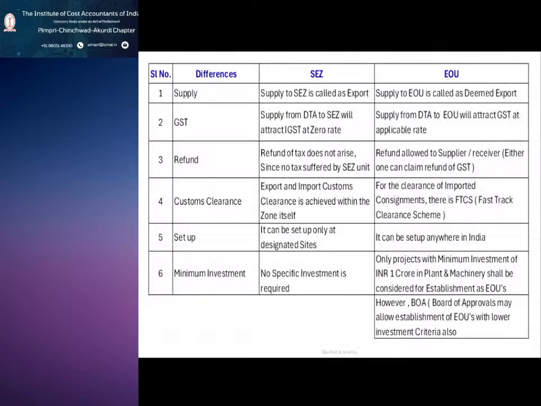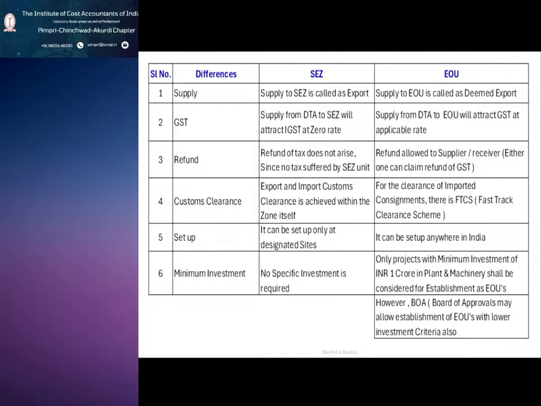Before you start directly with the differences, you can add the meaning of SEZ or EOU, and then in the exams you can start with the differences. It is a very simple one. The differences I have mentioned here, first is the nature, then supply.